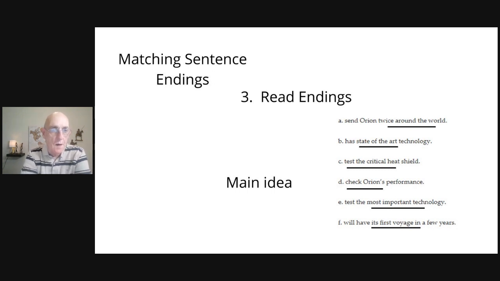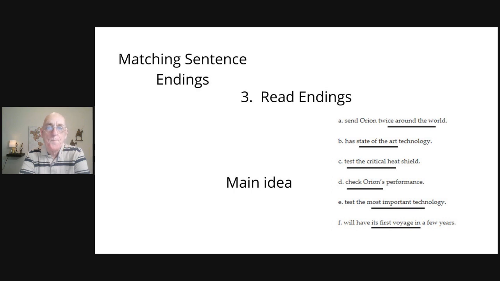So we're going to underline the key main ideas of each of the endings. For example, in A, send Orion twice around the world. So twice around the world is our main idea.